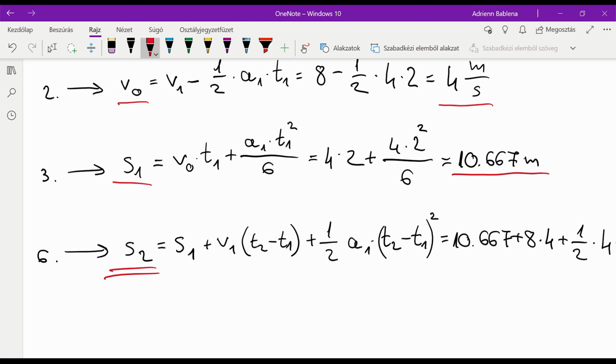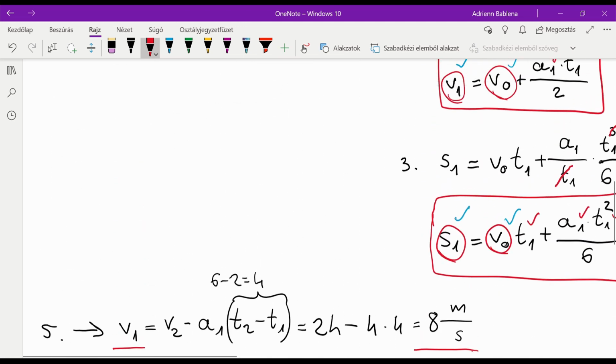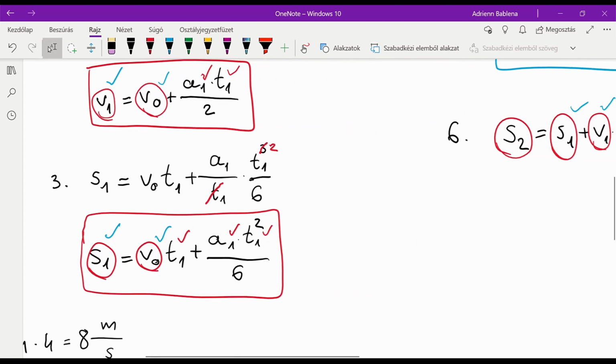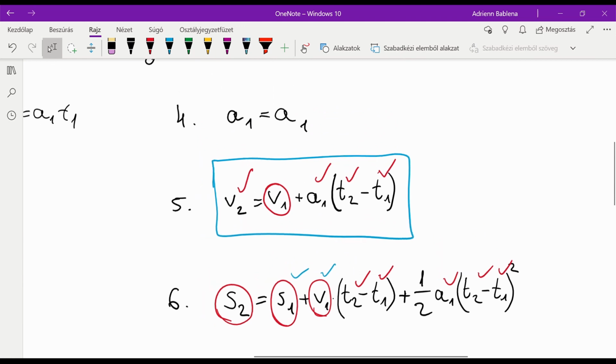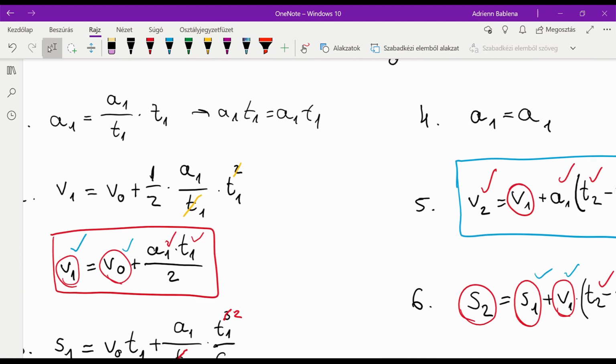Okay, so we have seen that when we use the integrated form of our equation, so we integrated the acceleration and we integrated the velocity, and from this equation, we got so many equations.